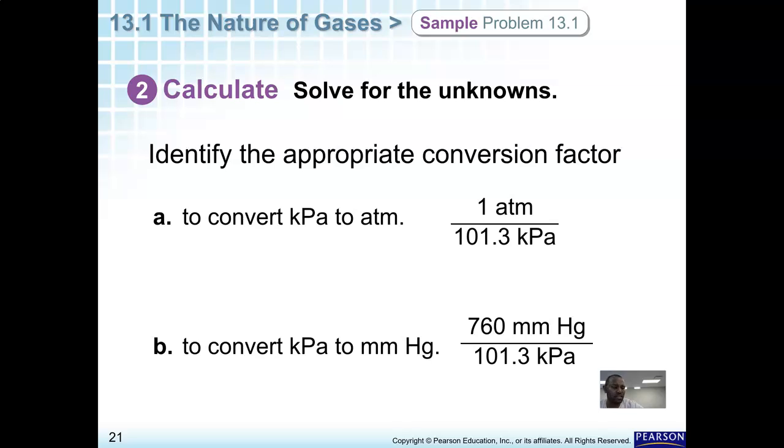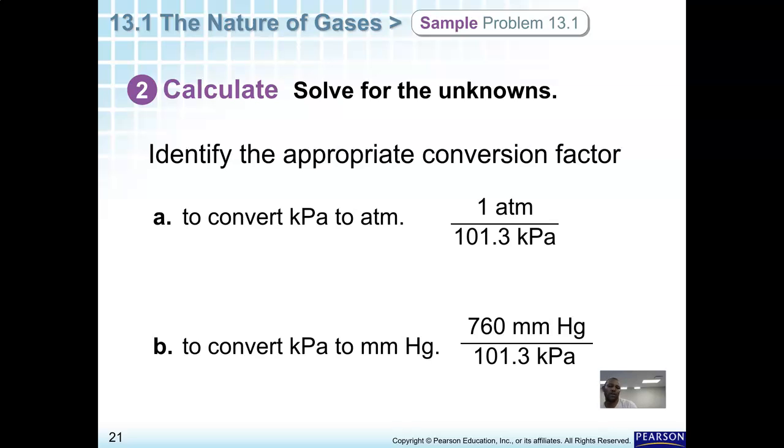The next thing is to figure out what conversion factor we can use. From the relationship between ATM and kilopascal, and ATM and millimeters, or kilopascal and millimeters, you can write the conversion factor that you need, which is the ratio of 2 equivalent units. To convert kPa to ATM, we have 1 ATM over 101.3 kilopascal as a conversion factor.